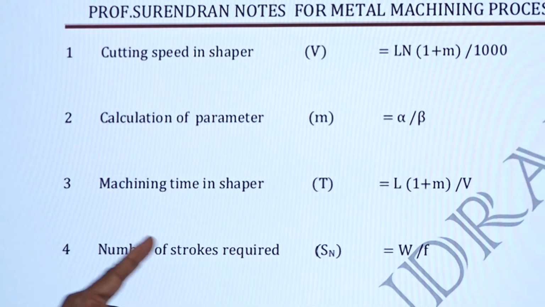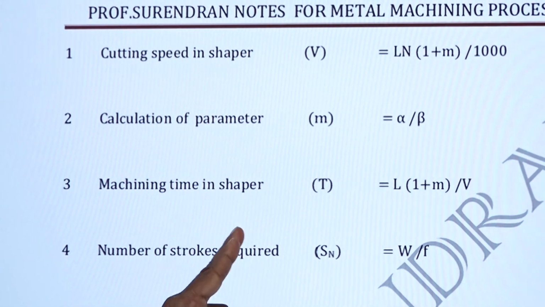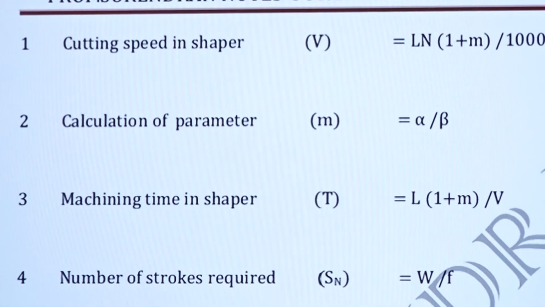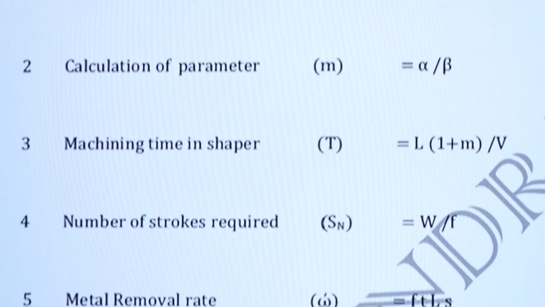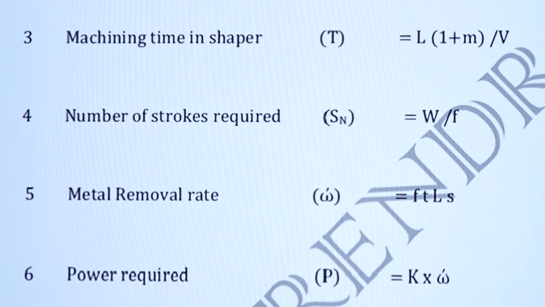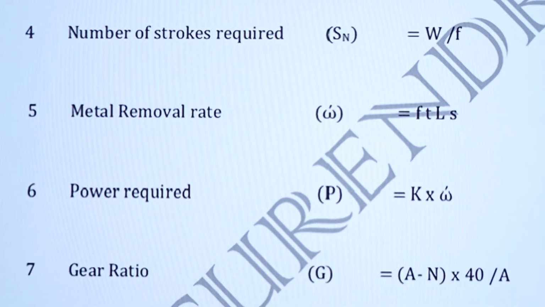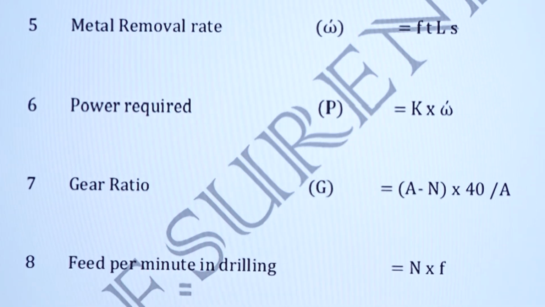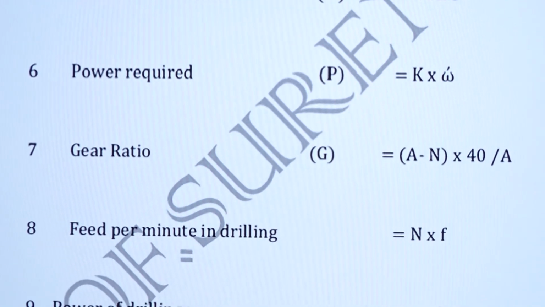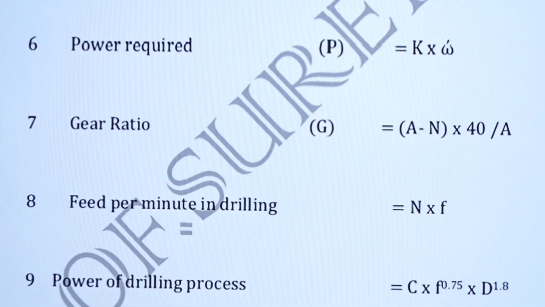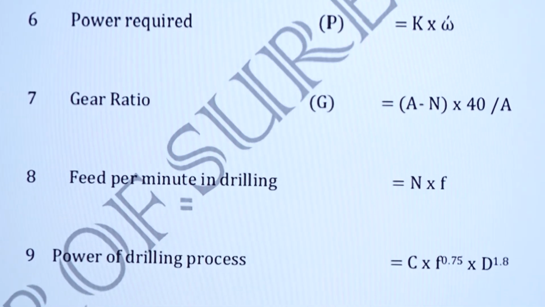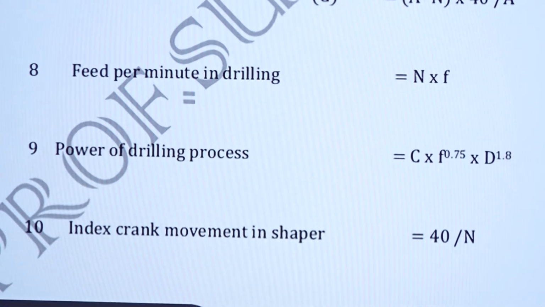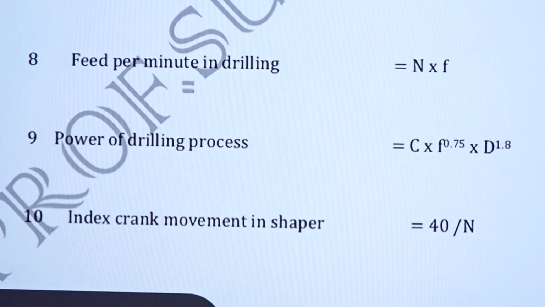Machining time in shaper is T equal to L, open the bracket, 1 plus M, divided by V. The number of strokes required is W by F. The metal removal rate is F into T into L into S. The power required is K into W, and the gear ratio is A minus N into 40 divided by A. Feed per minute in drilling is capital N into feed per revolution.